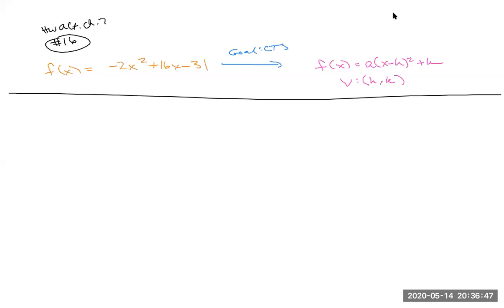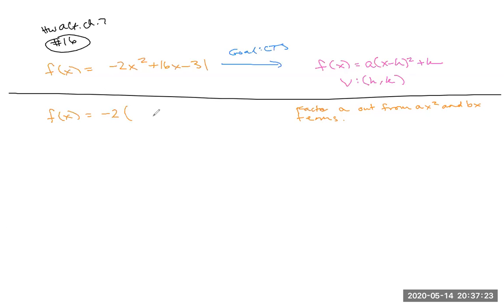All right, so here we are. Okay, first thing we're going to do is factor a out of the ax squared term and the bx term. So that's just if it helps you in words, but basically notice that a here is -2.